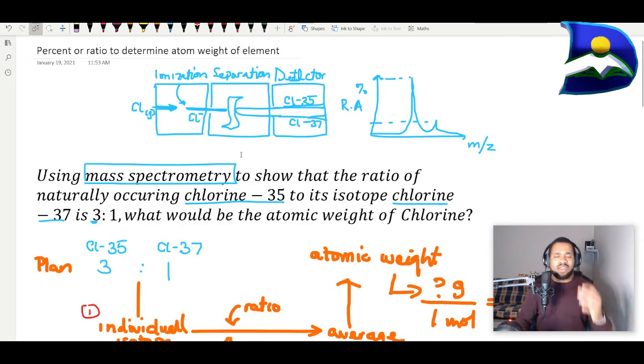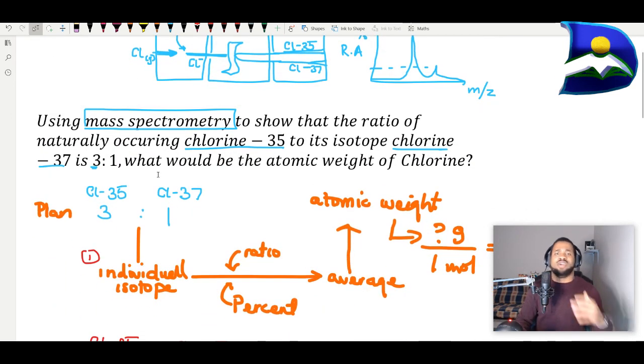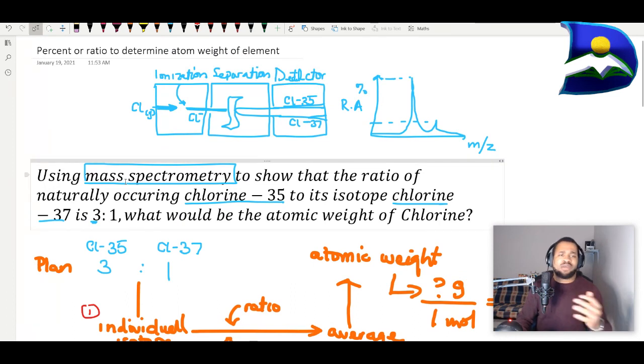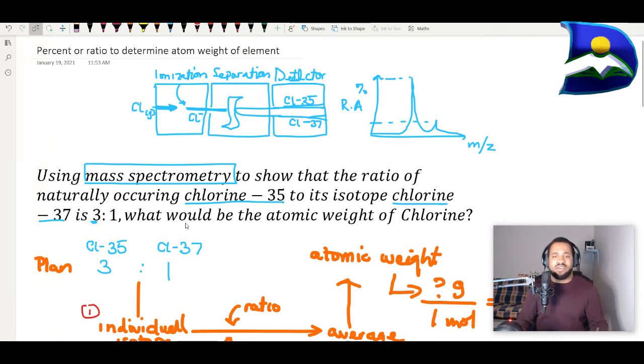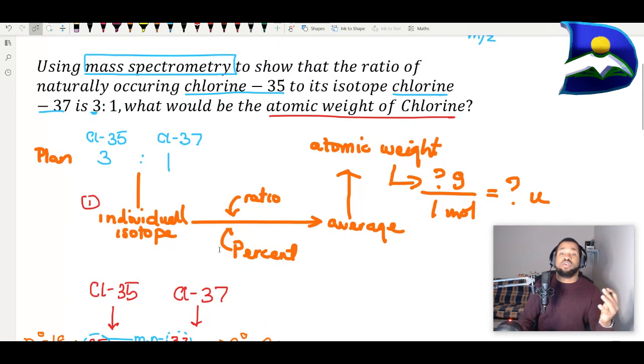So that's about it for this particular video. I hope this video gave you insight on the two ways to solve this. You're able to develop a plan, you know, a little bit about how mass spectrometry works, and how this is important in determining the atomic weight of chlorine, and this is applicable to other elements on the periodic table. Take note that the assumption here is that you are given only two isotopes of chlorine.